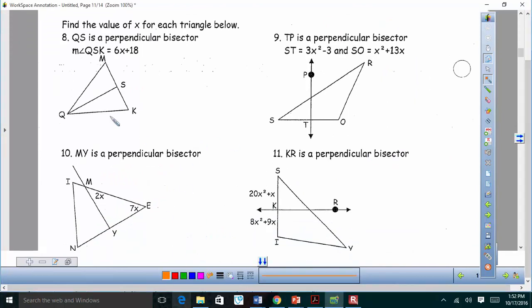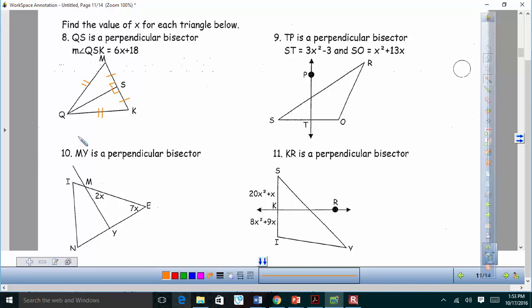Alright, so for this one, it tells me that QS is a perpendicular bisector. So if QS is a perpendicular bisector, that means that these angles right here are going to be 90 degrees. It means that MS is going to be equal to SK, and it also means KM is congruent to QK.